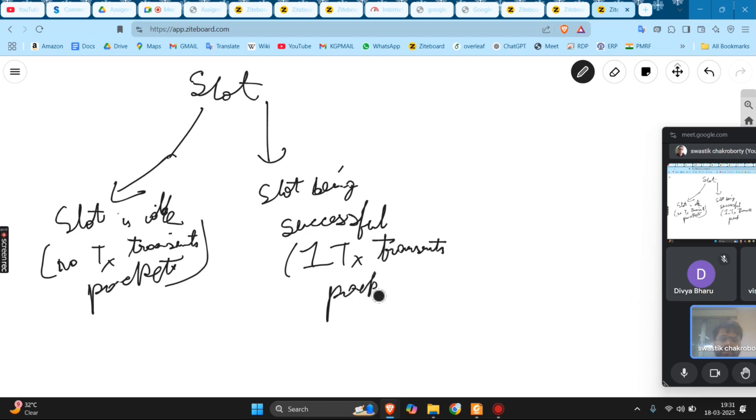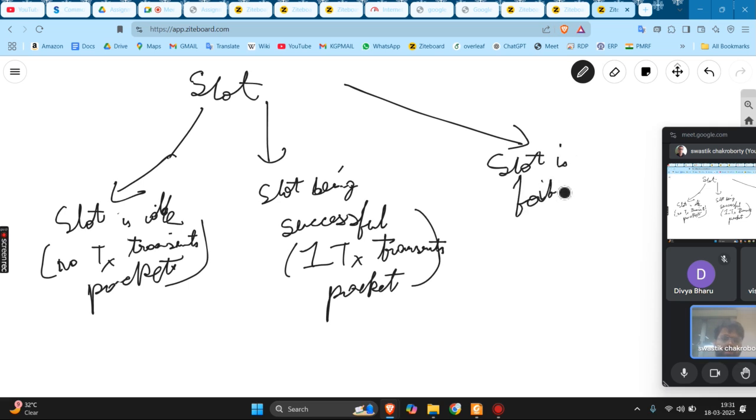And what happens when the slot is a failure? How does a failure happen in the slot? When more than one transmitter transmits packets.